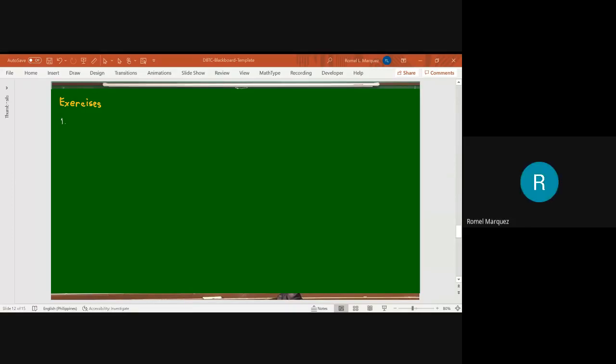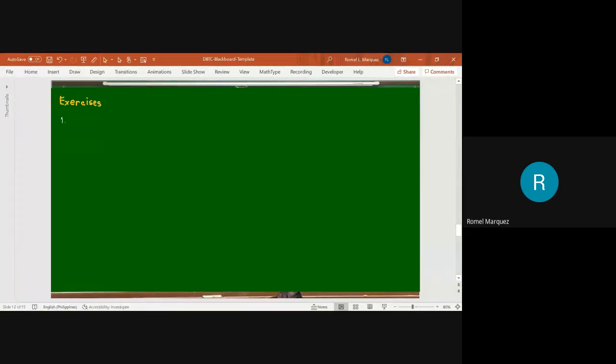So we begin with antiderivative exercises. So letter A, we have the antiderivative of a function. Can you recall what an antiderivative of a function is, guys? Or when do we say that a function is an antiderivative of another function?